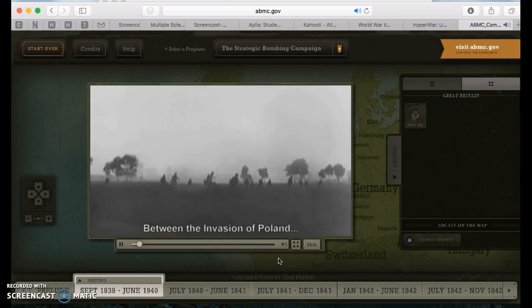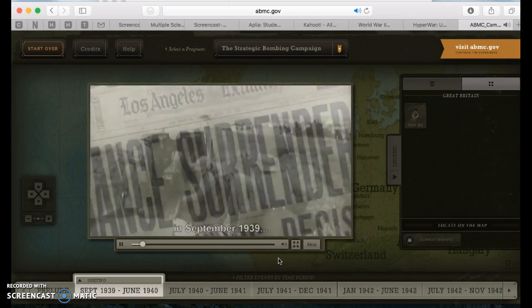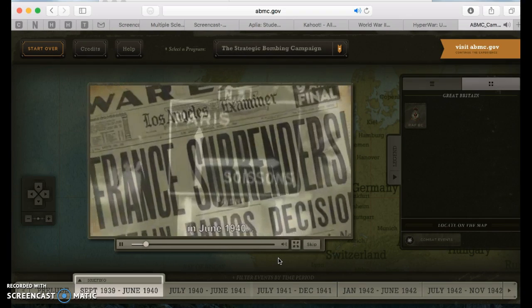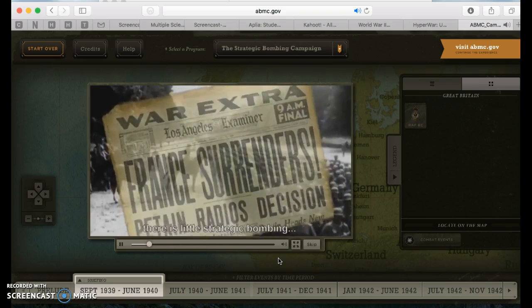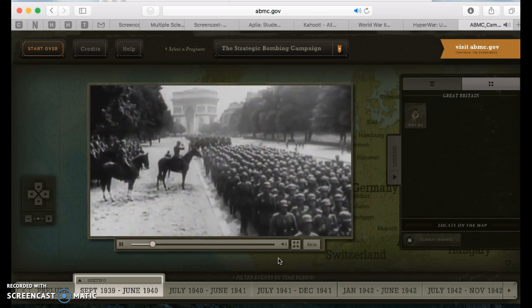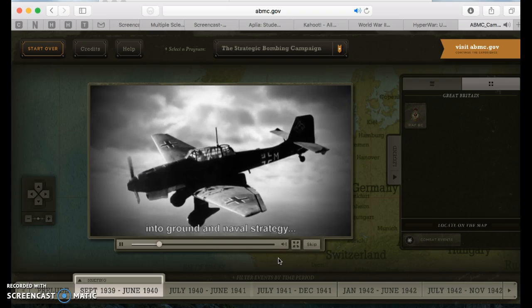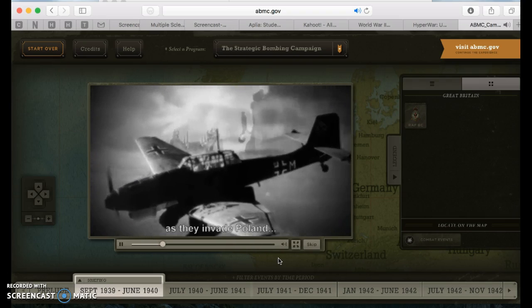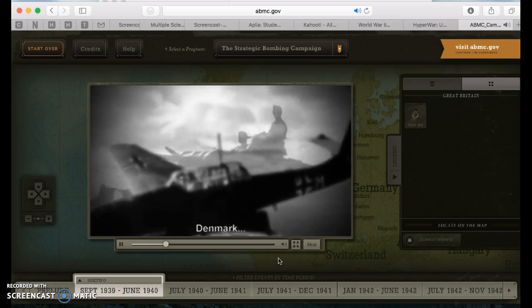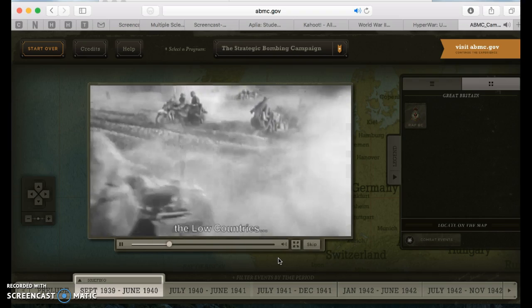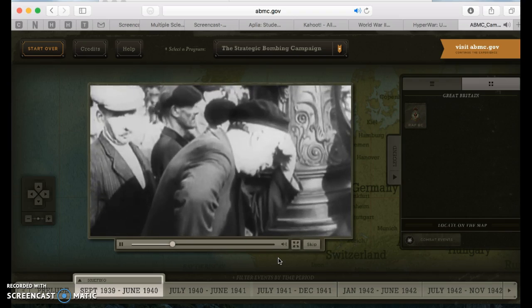Between the invasion of Poland in September 1939 and the fall of France in June 1940, there is little strategic bombing by either side. The Germans successfully integrate the Luftwaffe into ground and naval strategy as they invade Poland, Denmark, Norway, the Low Countries, and France.